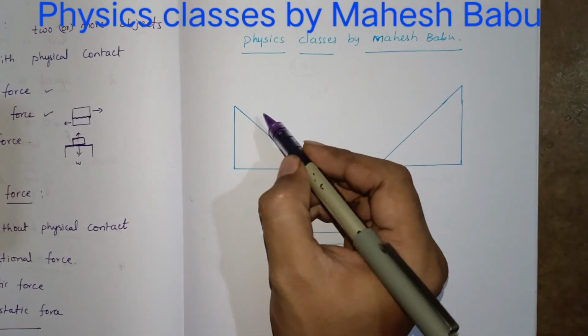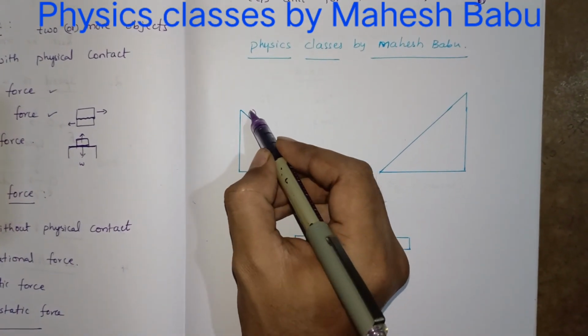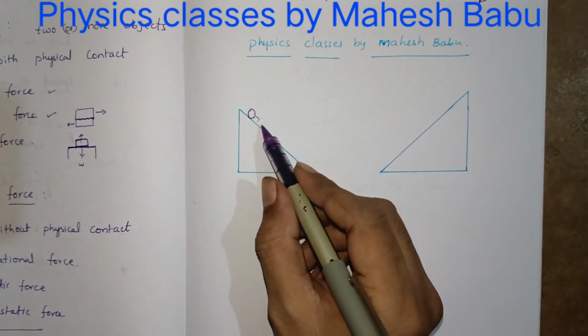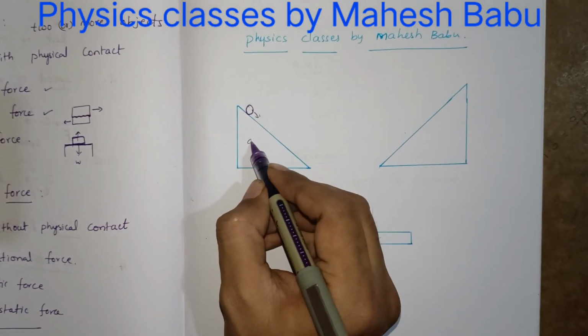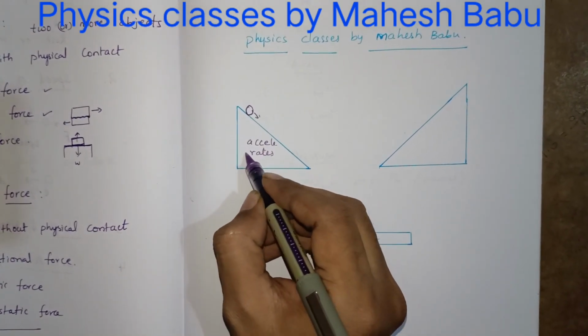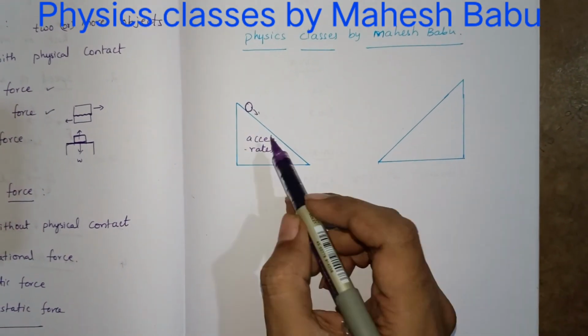If an object is released on an inclined plane, it comes down and it accelerates. That is because of gravitational force.